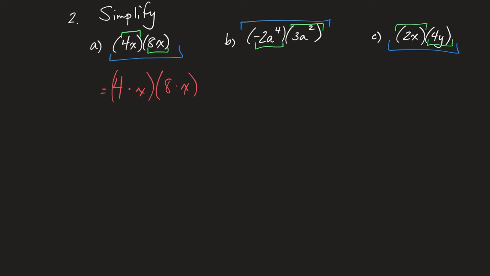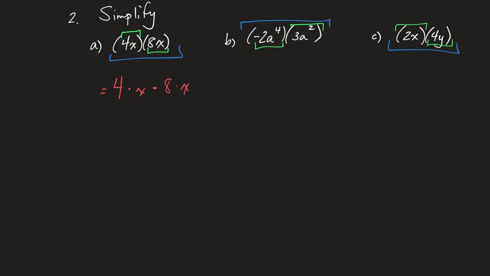With that red line, the only operation I have in there is multiply. Since it doesn't matter what order I multiply in, I can get rid of my brackets. Those brackets don't matter. Now, I just changed the operation, so I need to put that next multiply in there. If you take a look at that now, you see I have 4 times x times 8 times x.